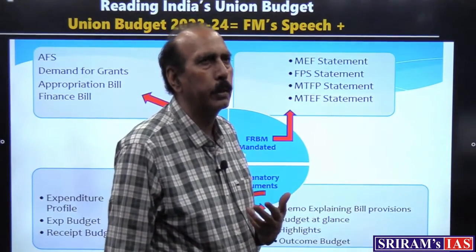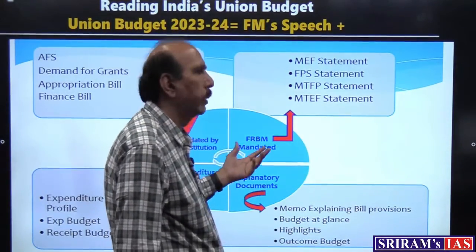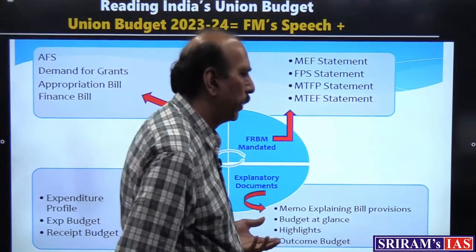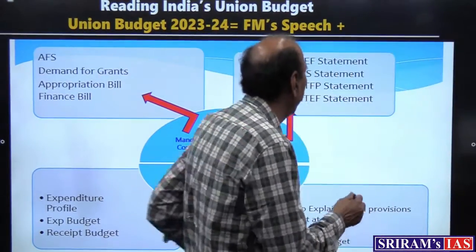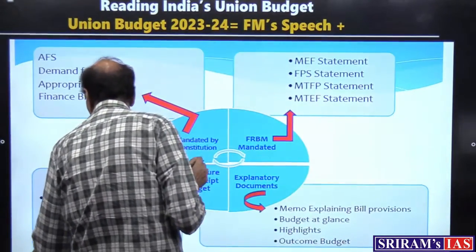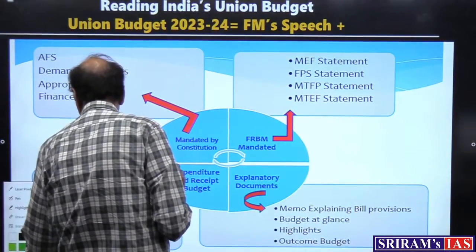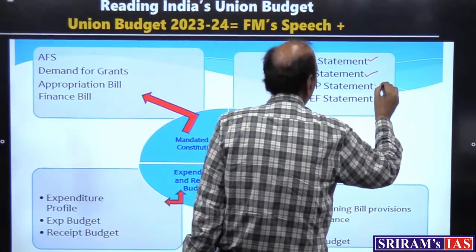When this FRBM Act was enacted, it mandated that along with the budget, the first three documents are required to be placed. Initially, the first three documents were supposed to be placed in the parliament.